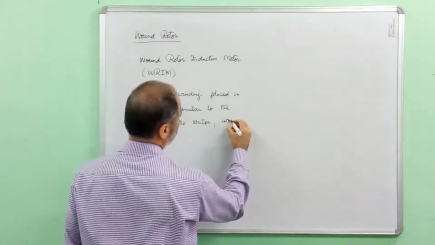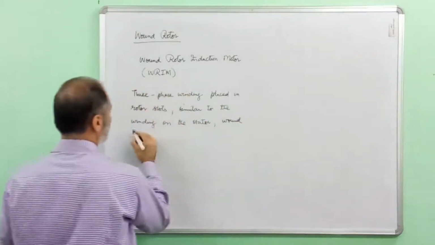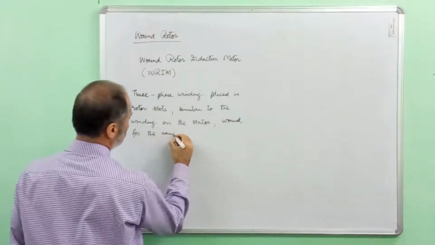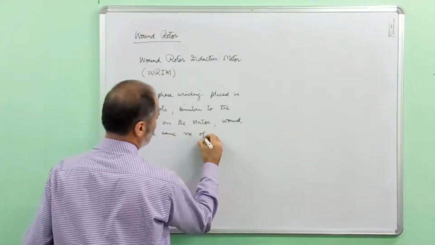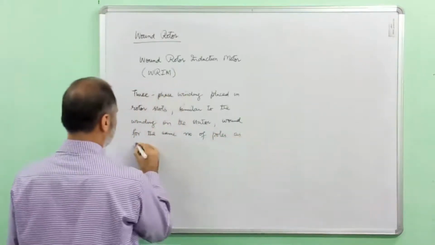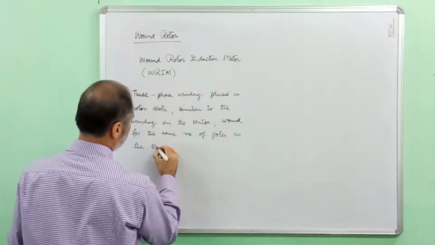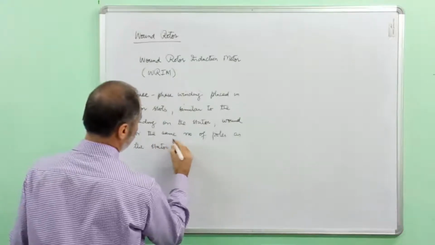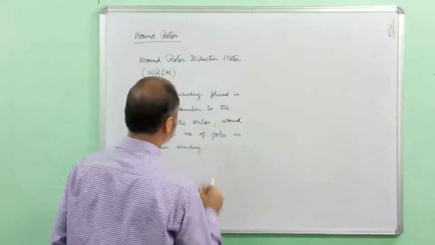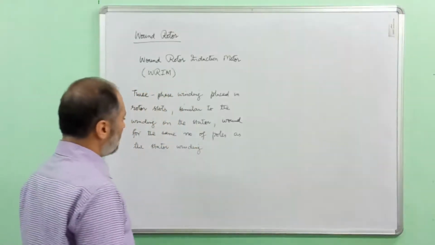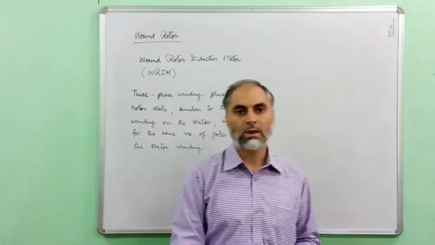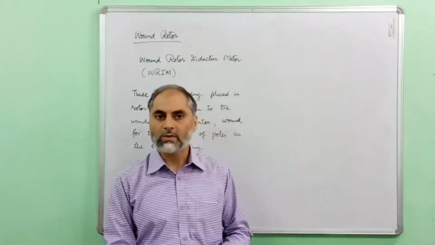Now we have three-phase windings on the rotor, and there will be 6 terminals of the three-phase windings.